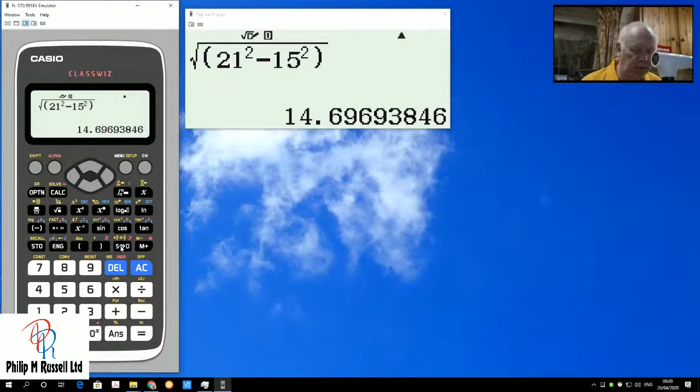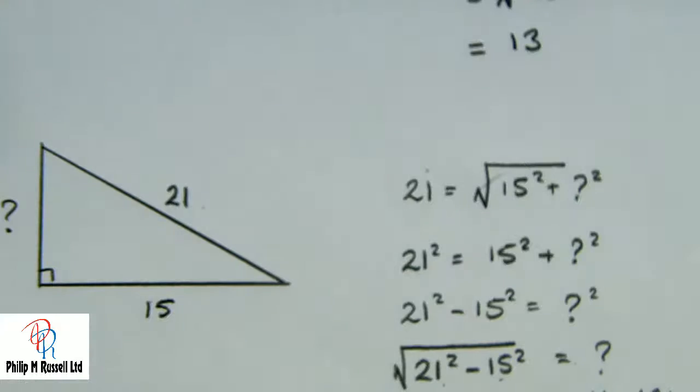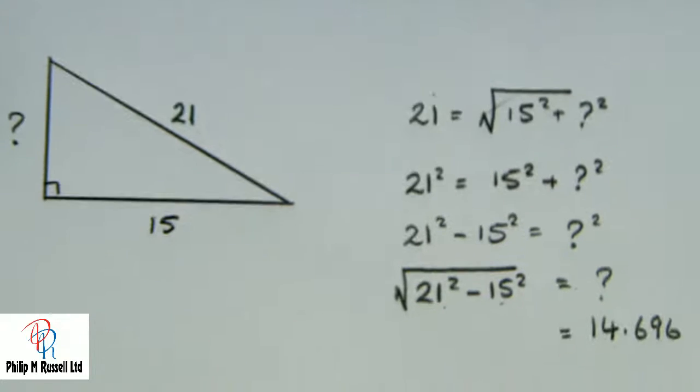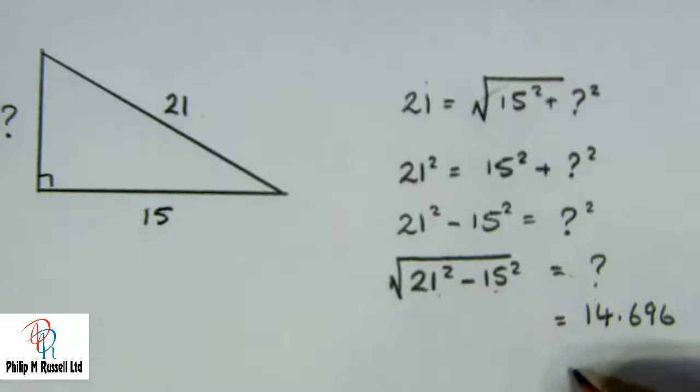So we're going to press the button to get the decimal number, and that's going to give me 14.696, and if we take that and round it, that's going to give us 14.7 as our answer.